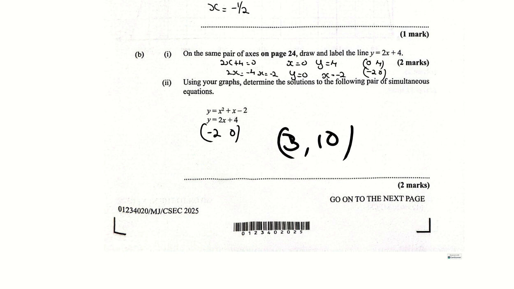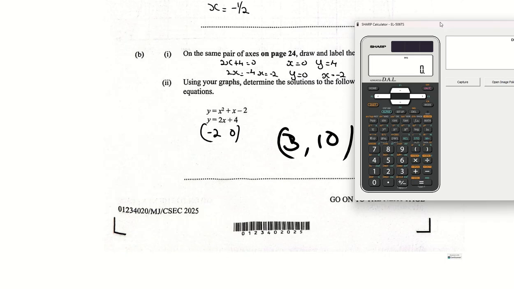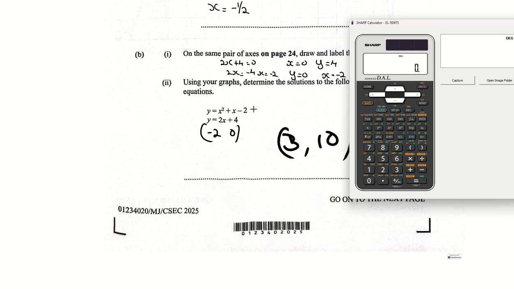So we would use a calculator. Let me just show you how to use the calculator to do this. You would say these are my x values and these are my y values. So when I have negative 2 squared plus negative 2 minus 2, I'm supposed to get 0, which I do.